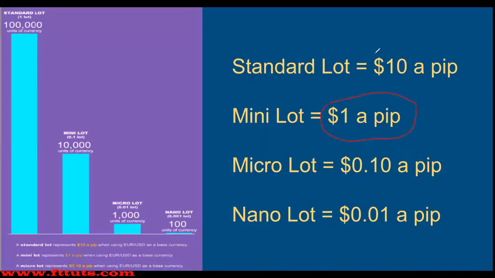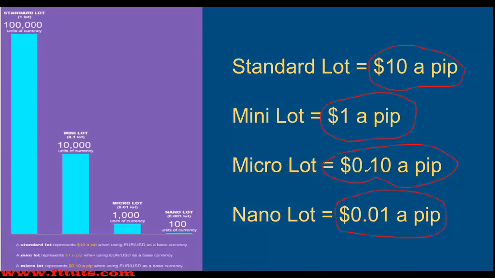A standard lot is going to be $10 a pip. A micro lot right here, 0.01, which is going to be 1,000 units of currency, is going to be 10 cents a pip. And a nano lot, which is only going to be 100 units of currency, 0.001, is going to be 1 cent per pip. Now, many brokers won't even allow you to take nano lots. So you need 100 pips just to make $1, which is just crazy.